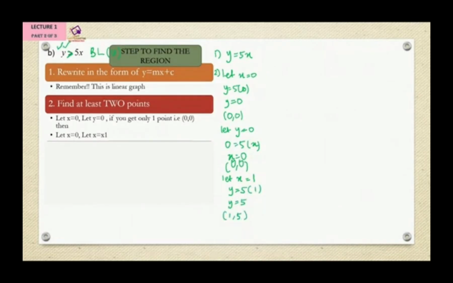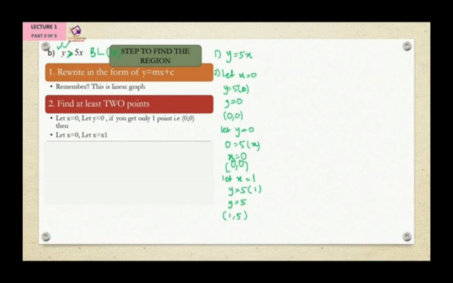Please remember student, when we let x equals to 0, we will get y equals to 0. So here we have 0, 0. And then if we choose let y equals to 0, again we will have x equals to 0. So here we again get 0, 0. That means 0, 0 is just 1 point. Please remember.